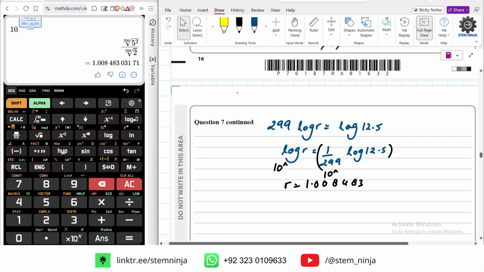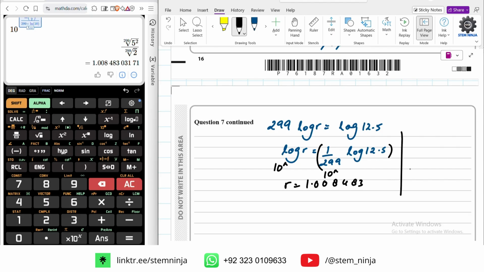We can save it into the answer also. I think it would have been easy had we done the simple 12.5 raised to power 1 over 299. Basically that's exactly what this would mean.